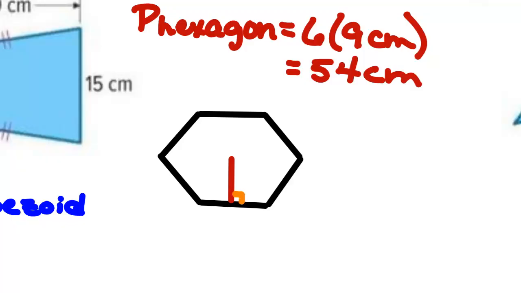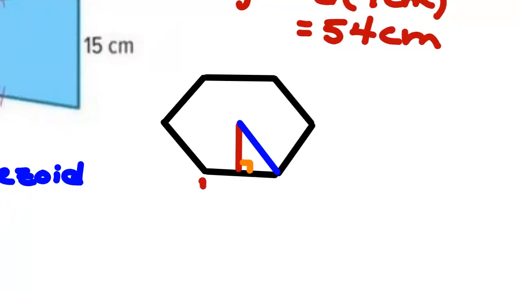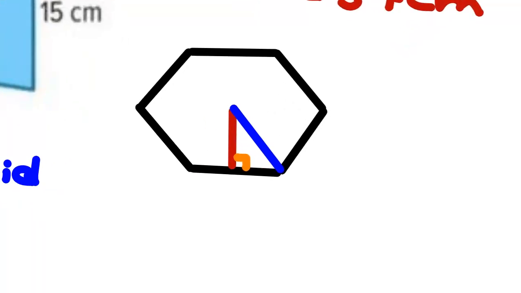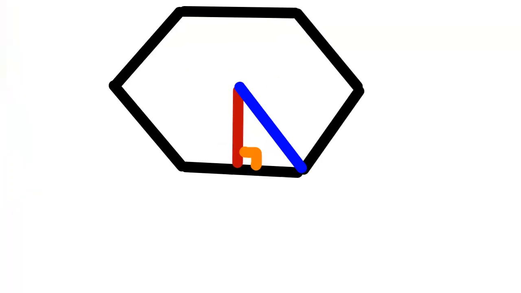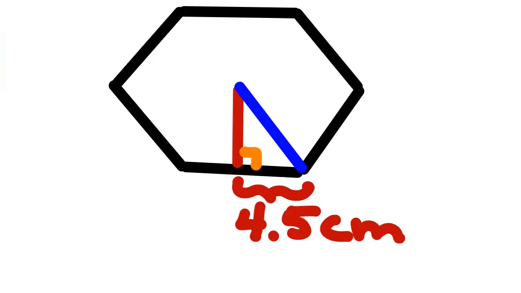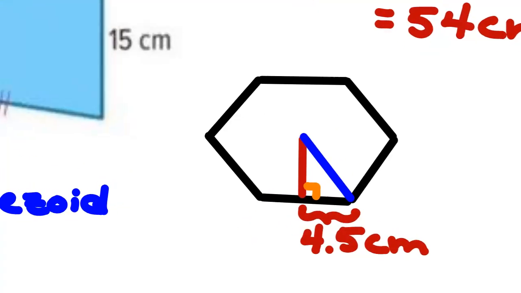So I'm going to come in and I'm going to draw in a radius. I know across the bottom is how big? What is the side length of the hexagon? 9 centimeters. So how much would half of that be? Half of 9 is 4.5. So that's 4.5 centimeters.